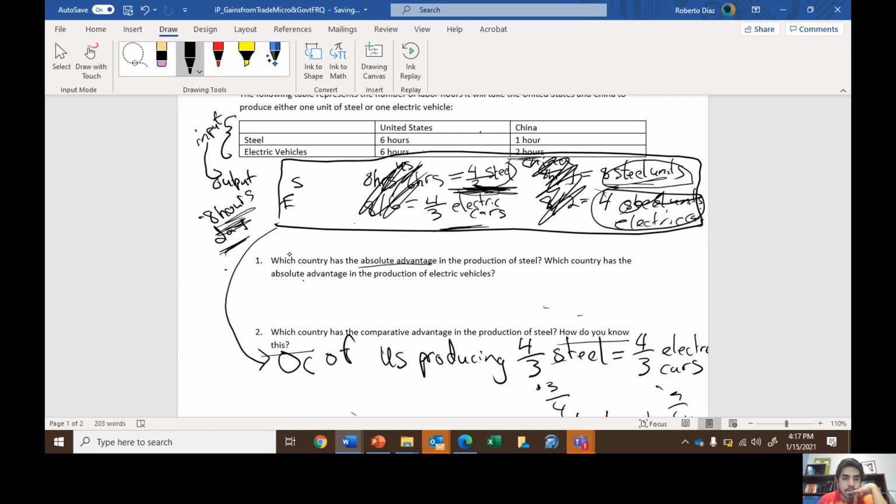And that shortcut is illustrated by this acronym. Output. Is it output?